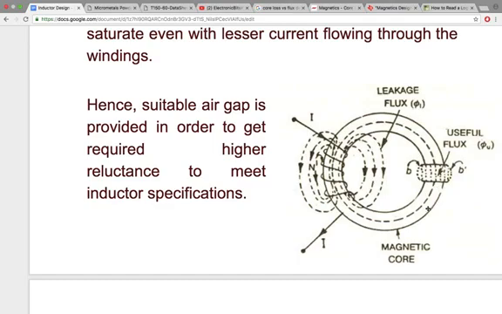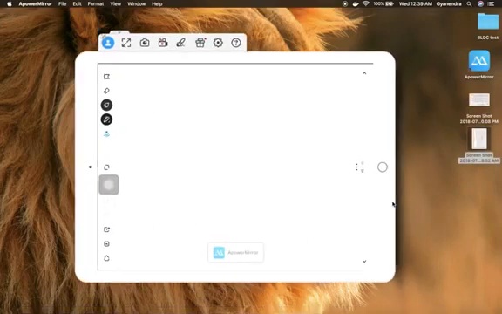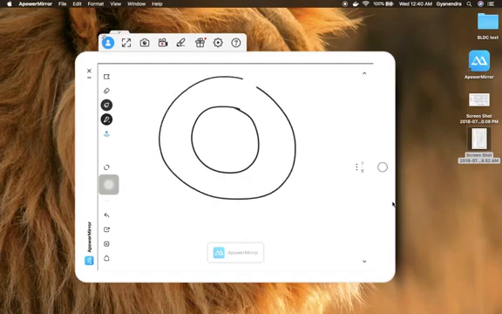So these days, to tackle that problem, what is being done? Let's say this is the same core, and this is the length of air gap lg that was required. Instead of providing a big air gap in one place, we provide distributed air gaps.